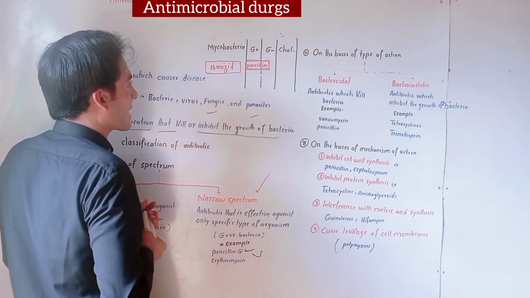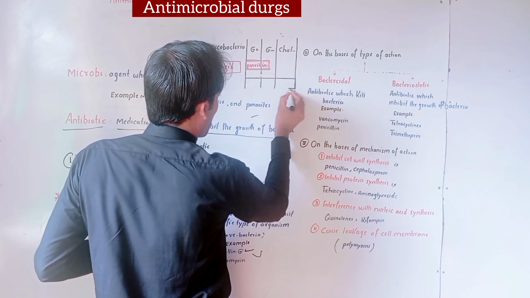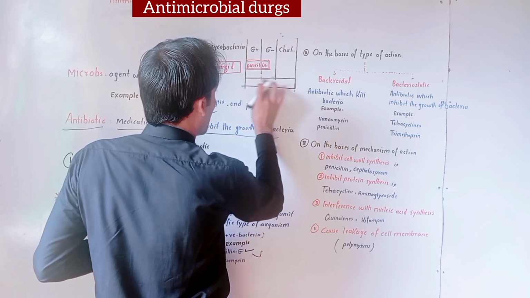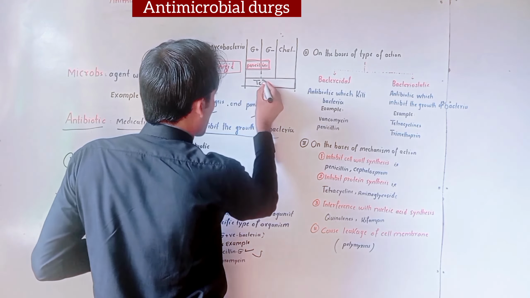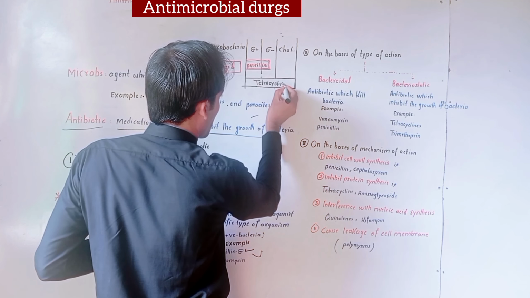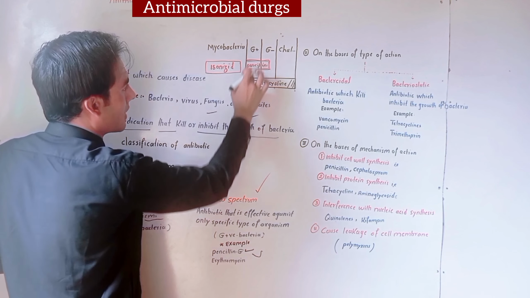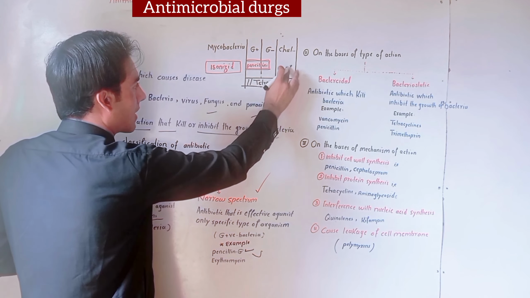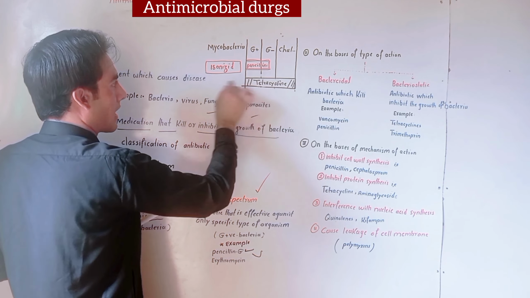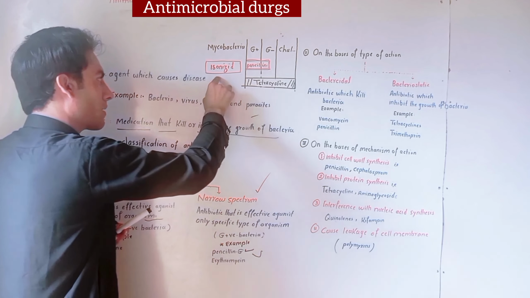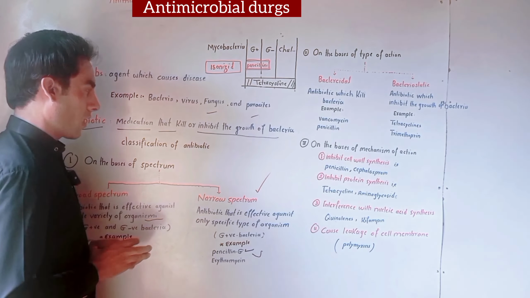Now come to tetracycline. Tetracycline is a very broad spectrum antibiotic because it kills gram positive, gram negative, and some fungus. So tetracycline is a very broad spectrum antibiotic, and isoniazid is a very narrow spectrum antibiotic. So that's all about broad spectrum and narrow spectrum antibiotics.